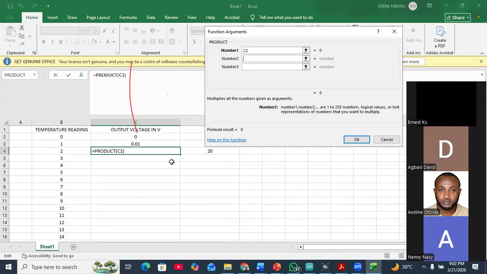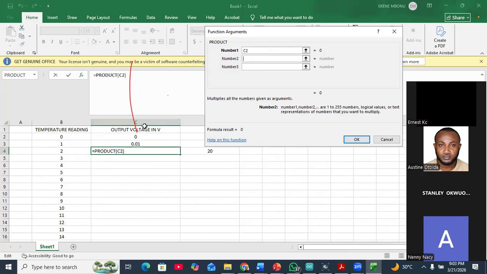Hold on. It should be C4. Whatever value is here, this is B2 multiplied by, in capital letter, B2 multiplied by 10 to the power minus 2, 0.01. That is 10 millivolts.